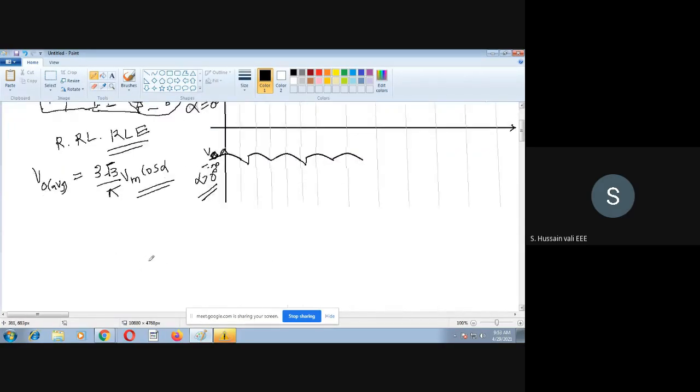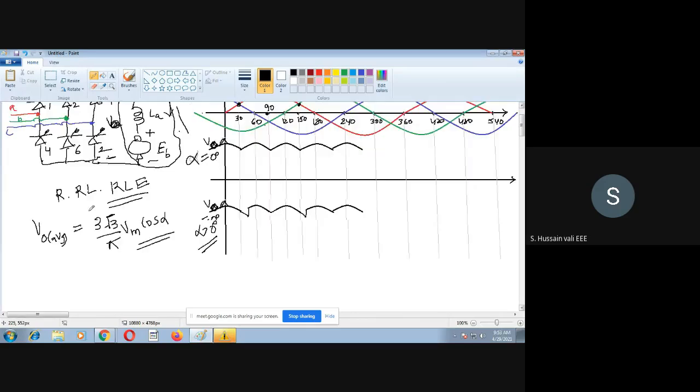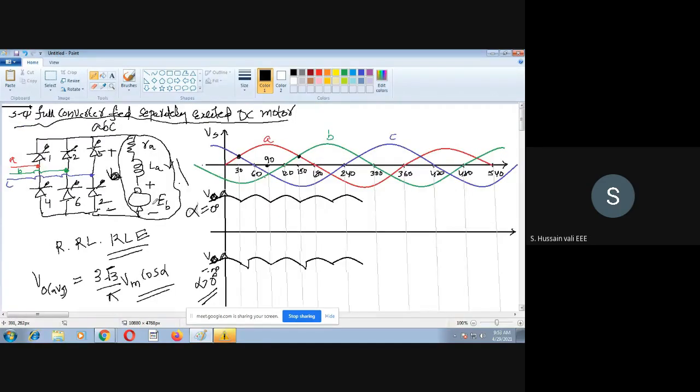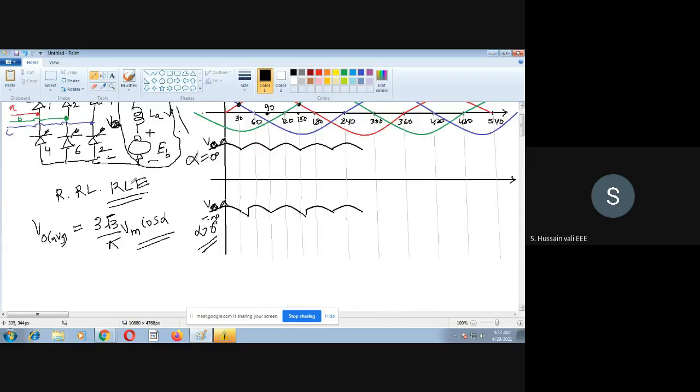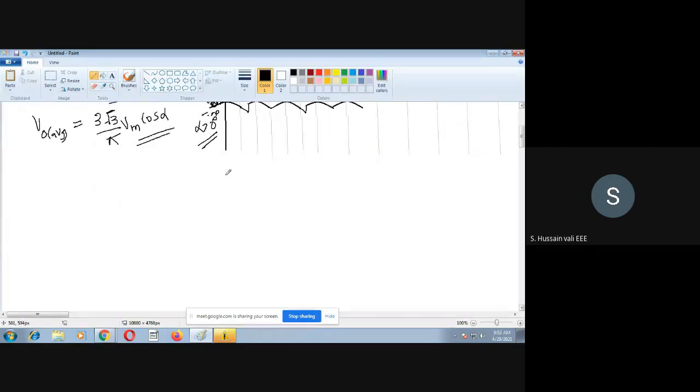So this is not the part which we have to discuss. What we have to discuss is the torque-speed characteristics. If this is the full converter, what are the torque-speed characteristics? How do they change? This you have to understand. Whether it is a three-phase converter or a single-phase converter, the only difference is that the value of output voltage will change.